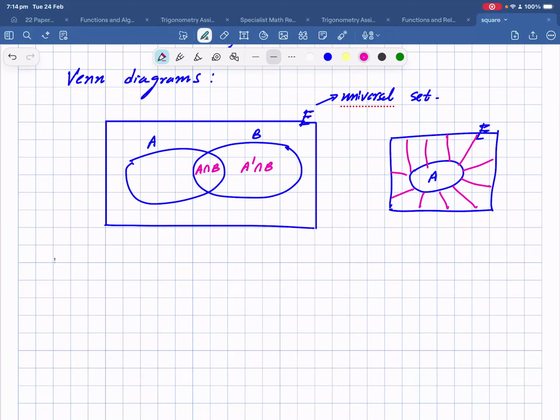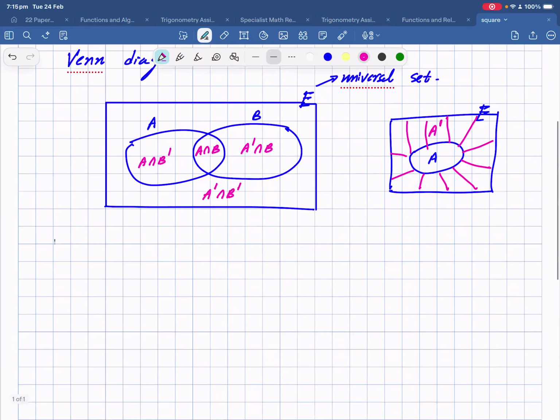A prime means not A. So now you can see A prime intersection B is that. This part is going to be A intersection B prime. Then the other part would be A prime intersection B prime.